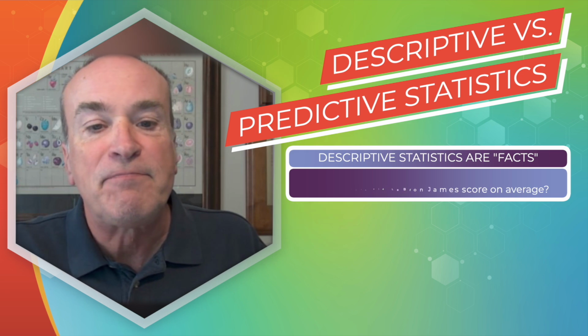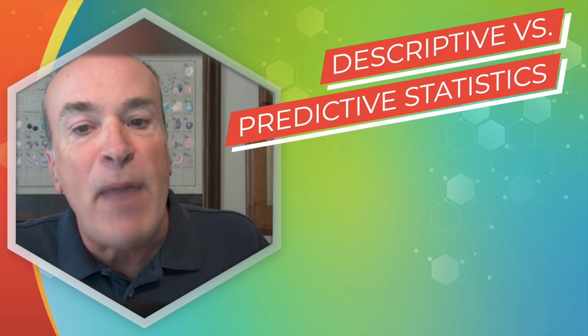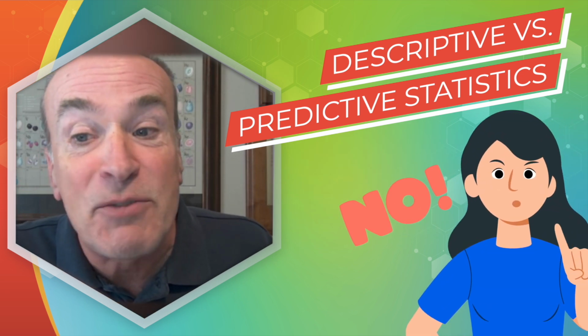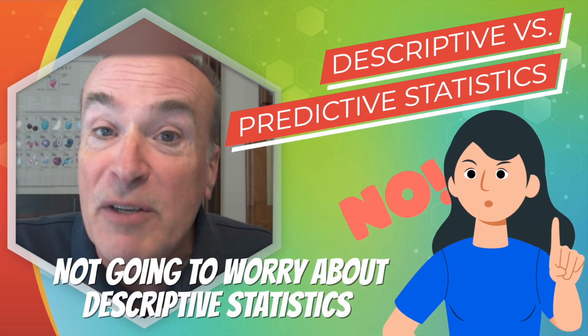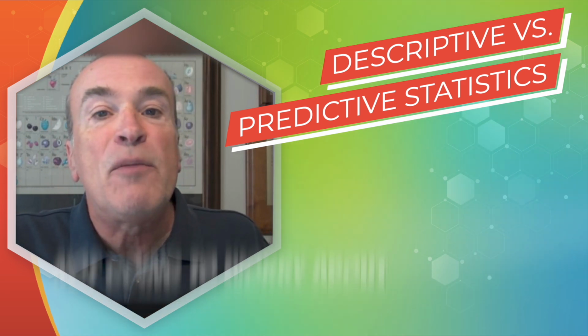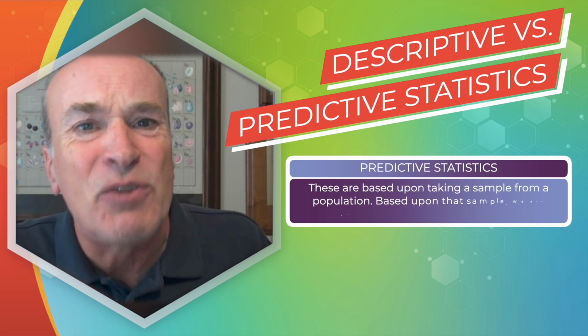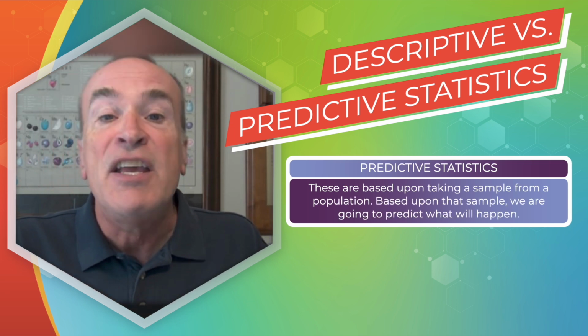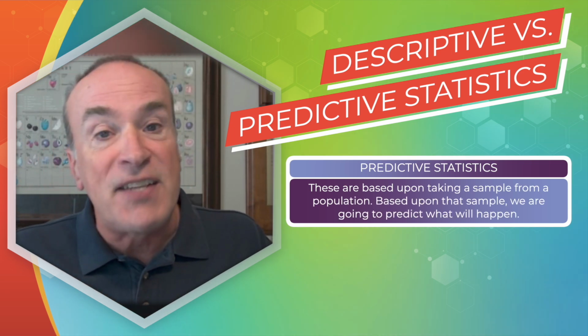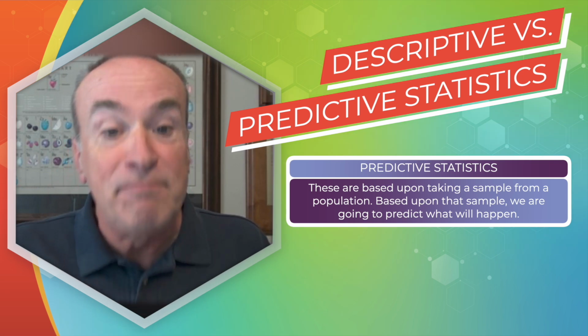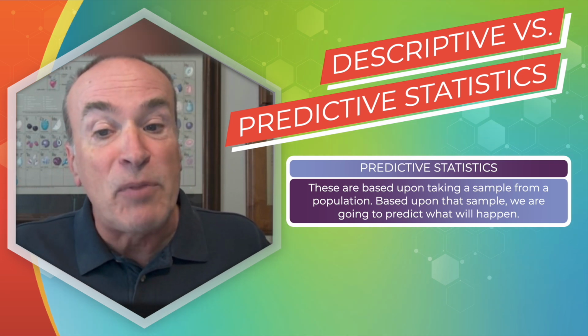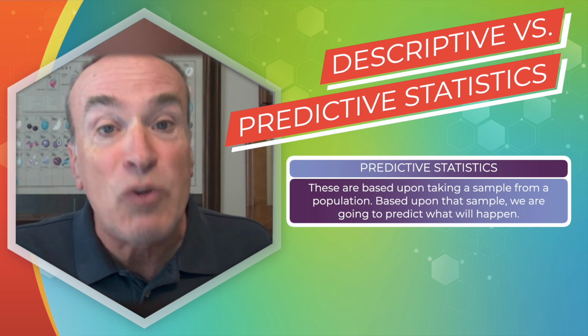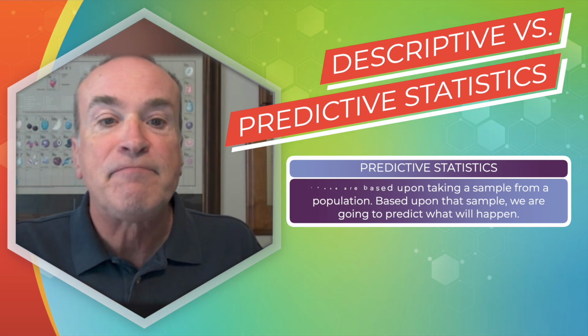And so on. And then you got the bad news that this class was not going to worry about descriptive statistics. We care about predictive statistics or inferential statistics. These are based upon a sample from a population. Based upon that sample, we are going to predict what will happen in the future.